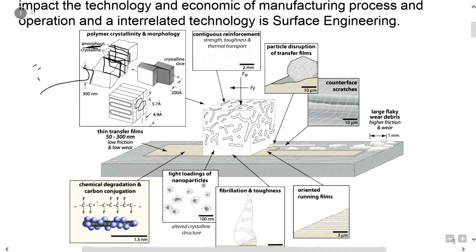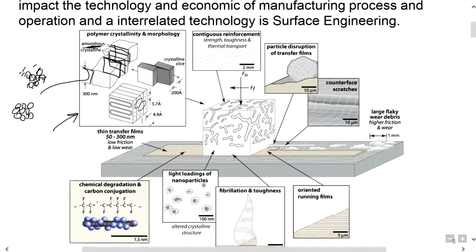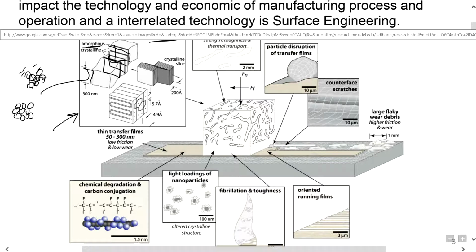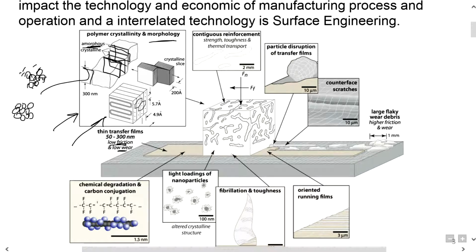Amorphous are very randomly oriented particles, while the crystalline are very neatly packed. The different structures will cause different friction performance. So these are the things that will affect your overall performance in terms of friction and wear. I don't know what the magic behind this is, but at least you get to know the different stuff.